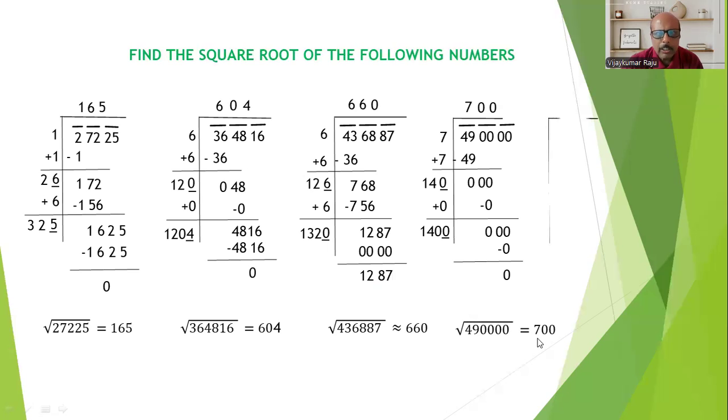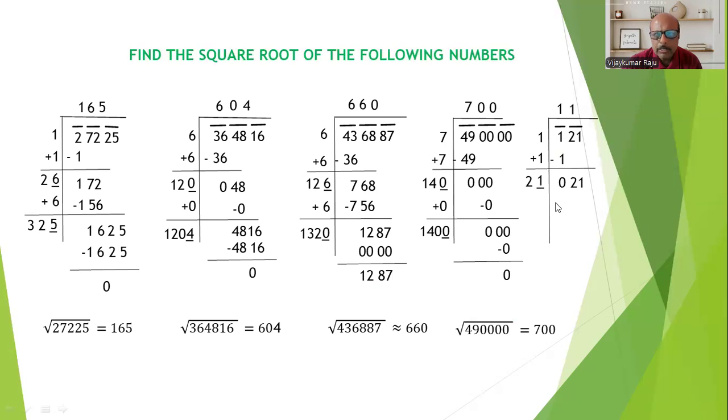Clear? Now let's take 121. 1, 1 is 1. Put it. Subtract, 0. 1 plus 1, 2. Bring the next pair down. Now what you should take is already 21. So if I take 1 here, it will become 21.